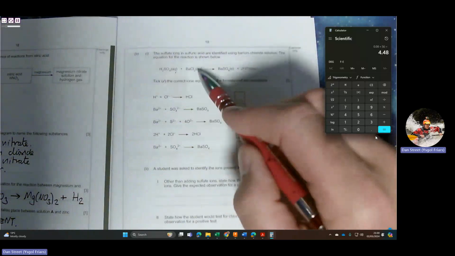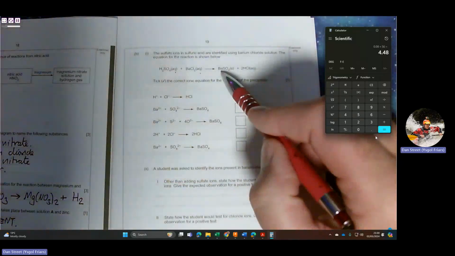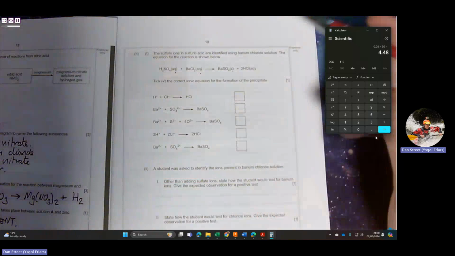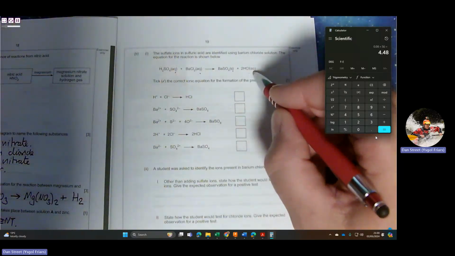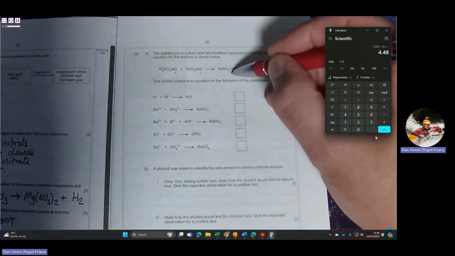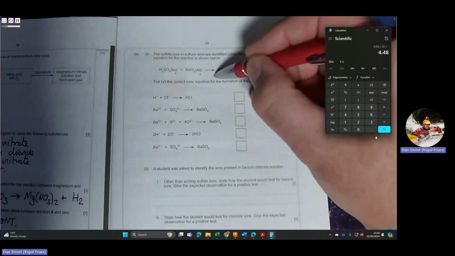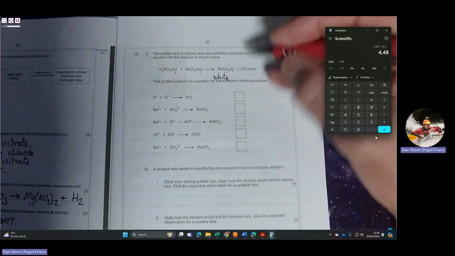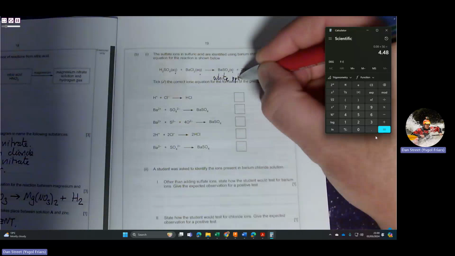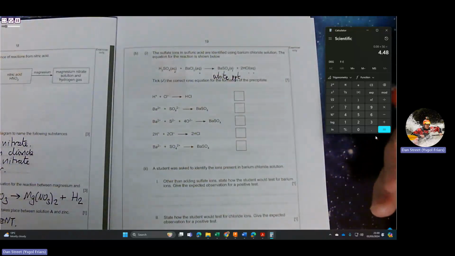So these are both clear and colorless liquids. Then we've got barium sulfate, which is a solid, and hydrochloric acid, which is an aqueous solution. The significance of this is that this is a white precipitate. Barium sulfate is insoluble in water, so it precipitates out and it makes the solution go cloudy.